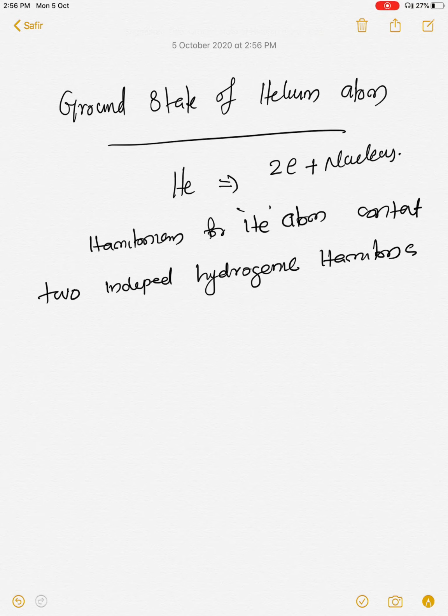In that way we have here 2 electrons and 2 protons. So we can consider it as 2 independent hydrogenic Hamiltonians and an additional electron-electron interaction.